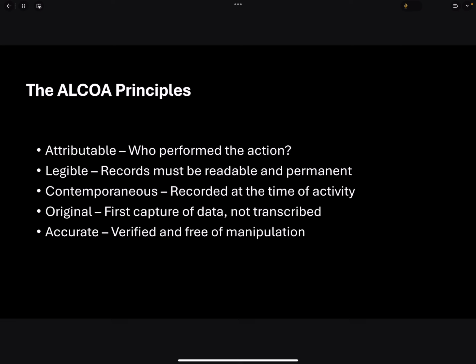For example, don't write results later from memory, record them right when they happen. Follow ALCOA and you are already halfway toward good data integrity.